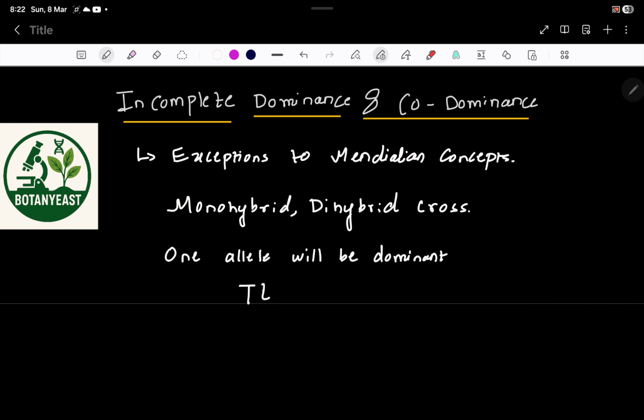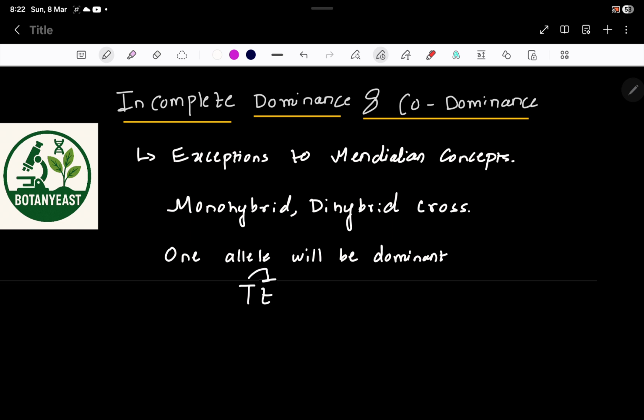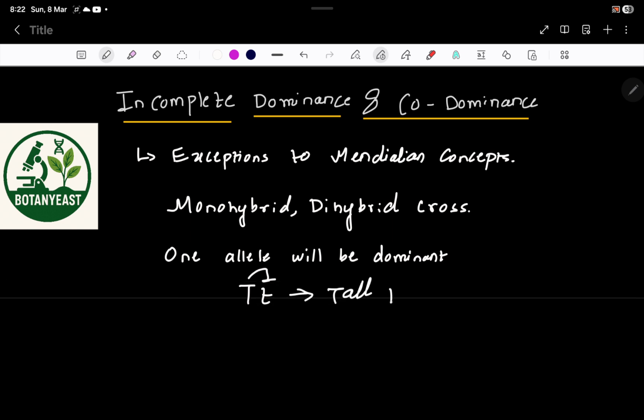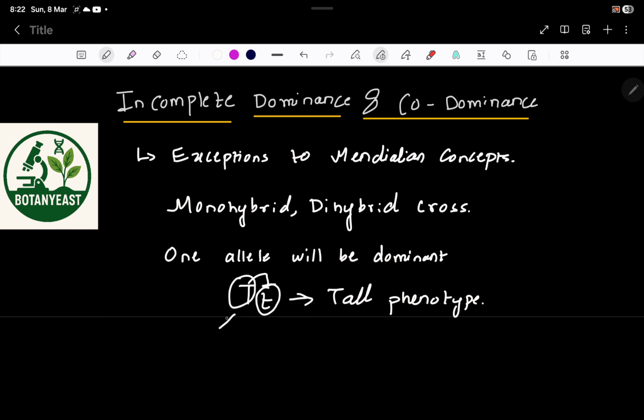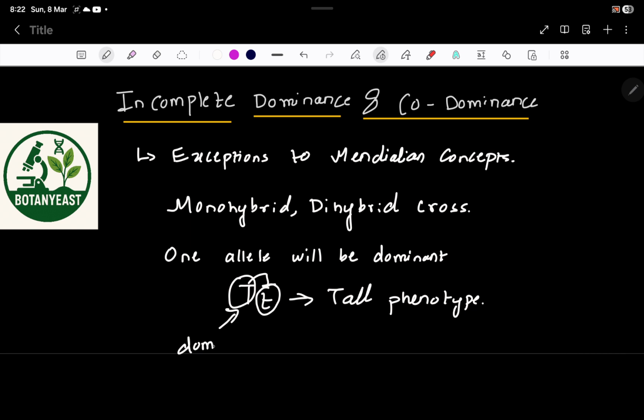Suppose capital T and small t. Capital T is dominant over small t. That's why we are getting the tall phenotype, the plants become tall. Capital T is a dominant allele and small t is a recessive allele.